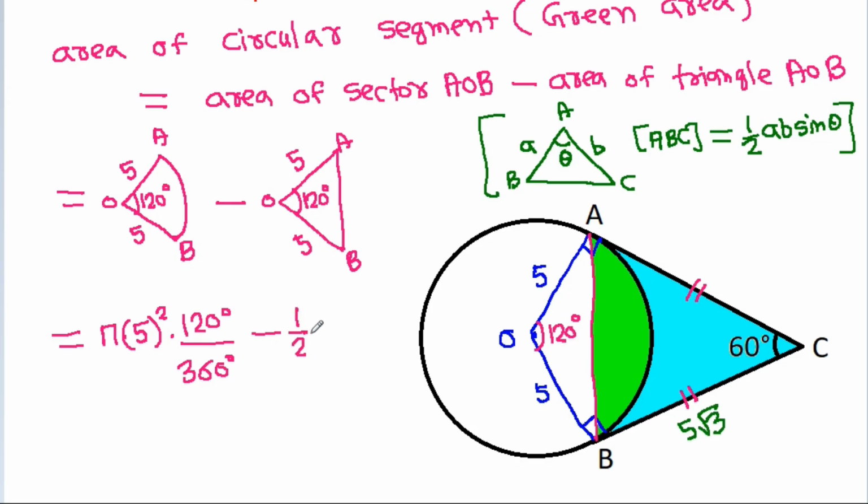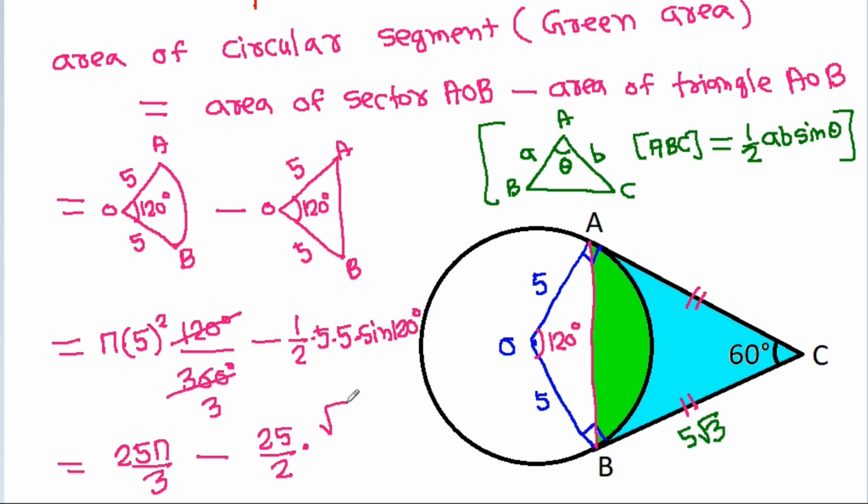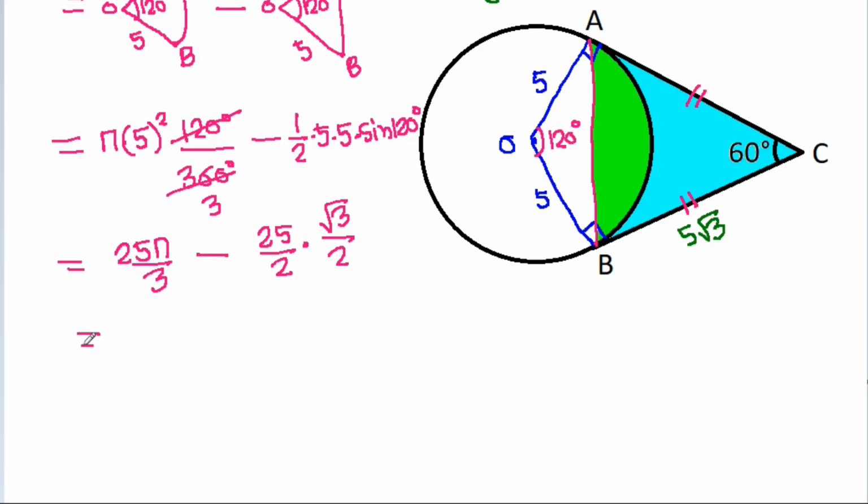So it will be 1 by 2 times 5 times 5 times sin 120 degrees, and 120 times 3 is 360, so it is 25 pi by 3 minus 25 by 2 times sin 120 degrees, it is a square root of 3 by 2, and it is equal to 25 pi by 3 minus 25 times a square root of 3 by 4.